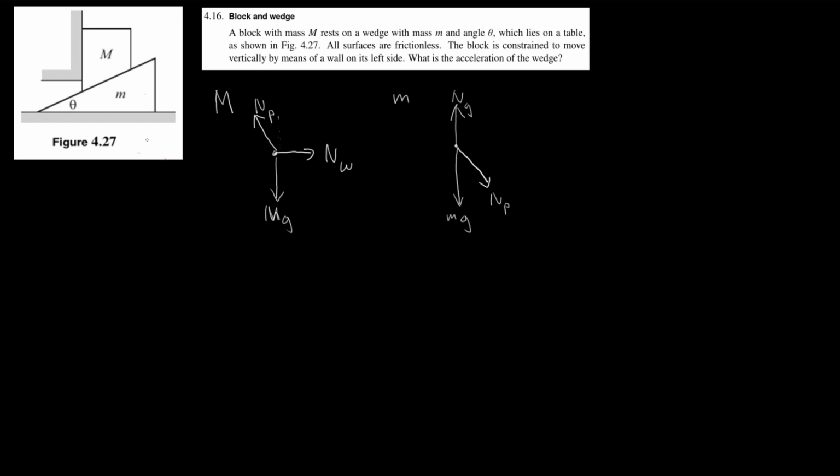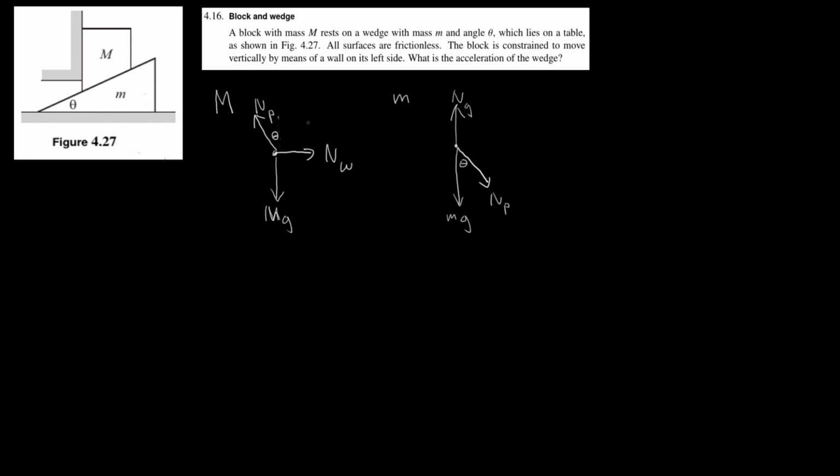So we know that the angle of inclination of this wedge is theta. So the angle of inclination right here will be theta as well. And now these free body diagrams should be complete. So let's now proceed to making equations to describe the motion that we will see in these diagrams.